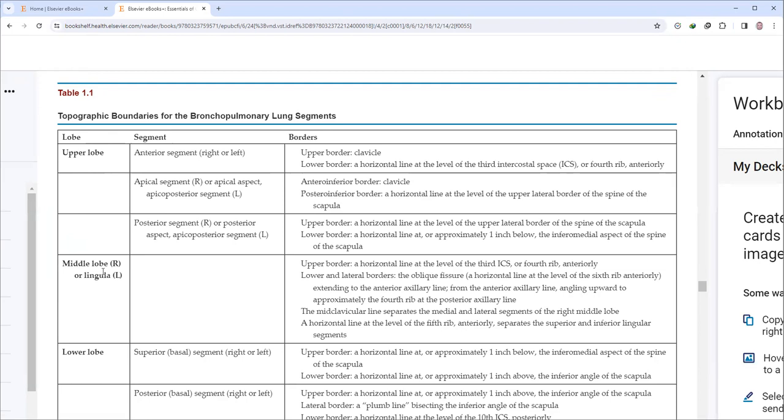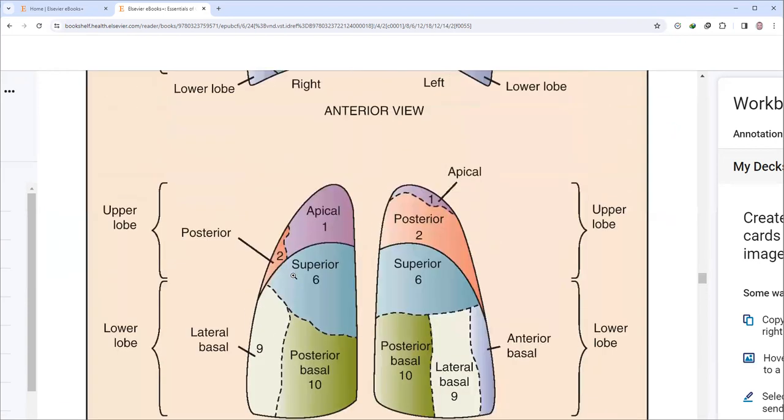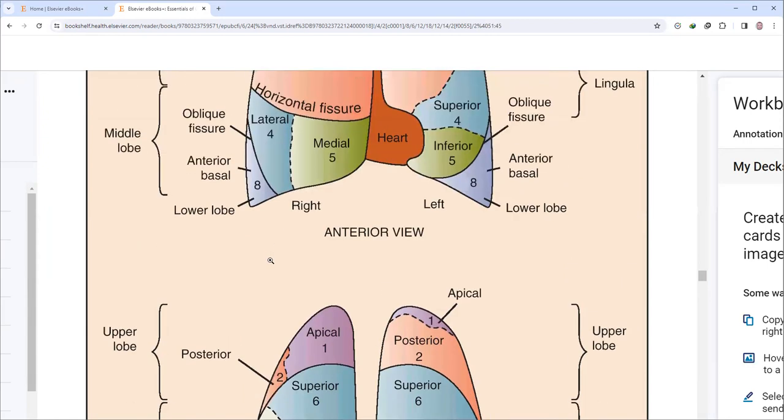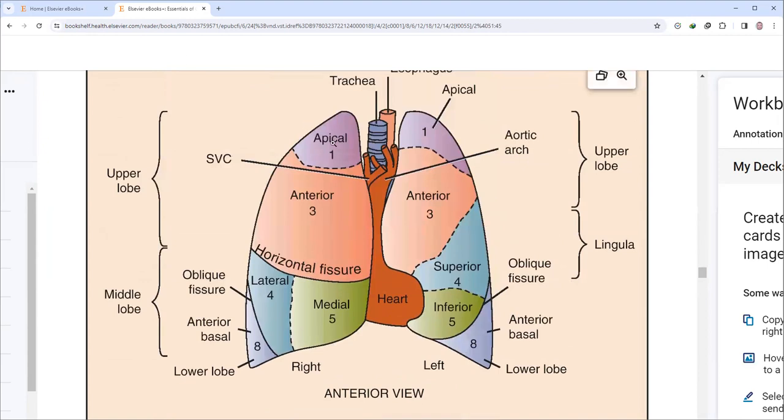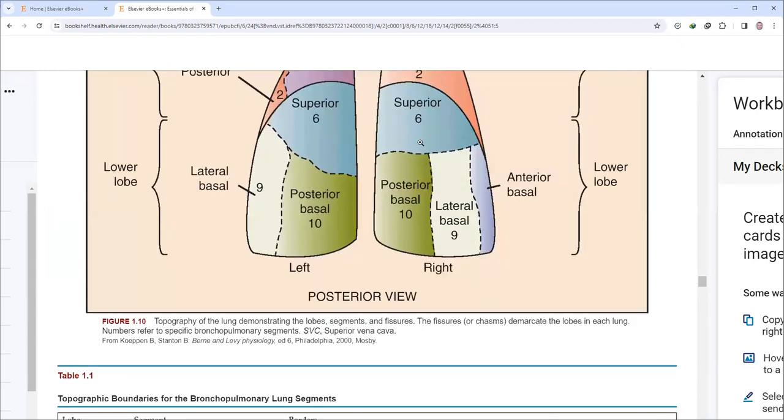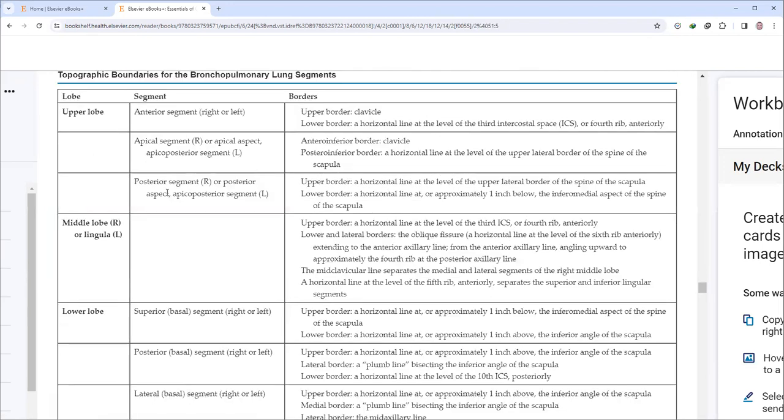For the middle lobe, we know this is only on the right, and what corresponds on the left is the lingula, which is the place where the heart is situated. On the right we have apical, anterior, and posterior, and here we have anterior, apico-posterior, apico-superior.